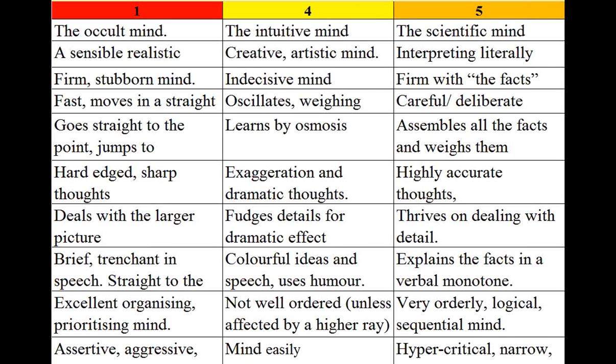It's very fast, moves in a straight line, hard-edged, deals with a larger picture. It's very organizing and it's very aggressive. The ray 4 mind can be aggressive as well, but not as dangerously aggressive as the ray 1 mind, which is so powerful and has the will and power energy coming behind it.